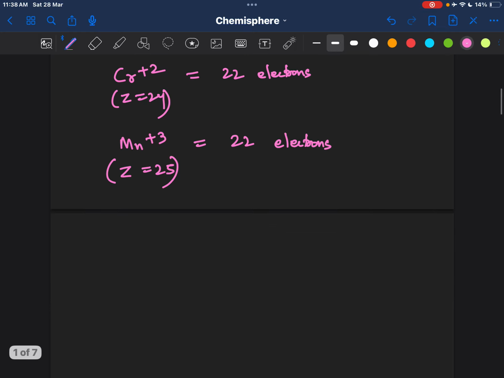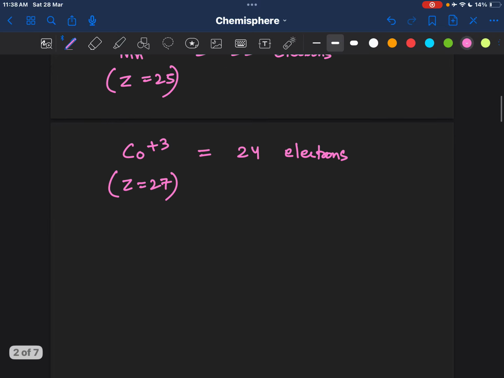Then we have cobalt 3+. The atomic number of cobalt is 27, so Co3+ will contain 24 electrons. Next we have iron 3+. The atomic number of iron is 26, so Fe3+ will contain 23 electrons.